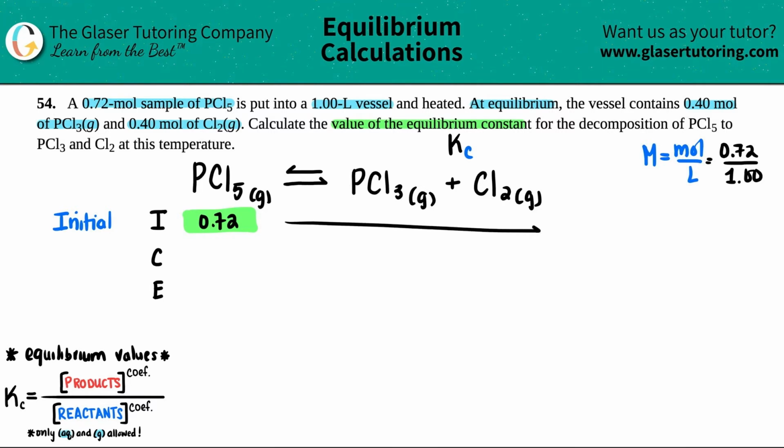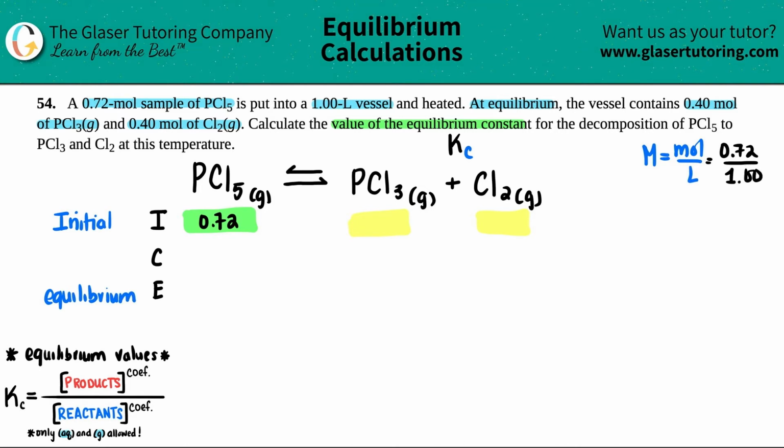Now, let's go across the chart. We still have 2 more pieces to the puzzle for our initial concentrations, right? We need PCl3 and we need Cl2. Well, did they say that we started off with PCl3 or Cl2? No, the only thing that they said was at equilibrium. And the E stands for equilibrium.